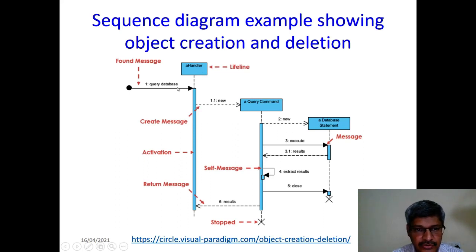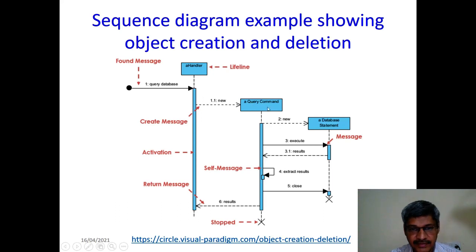So you receive a query database message. With that, this A handler's lifeline is full time, but it is in activation state only during this time. After that it becomes inactive. In the beginning also it was in the inactive state. When it has received this query database message, it becomes active.